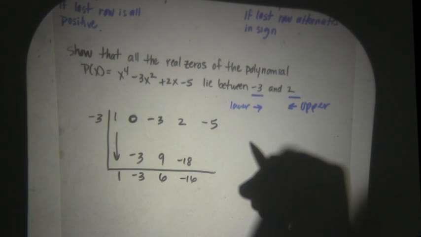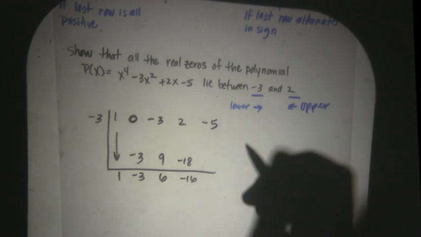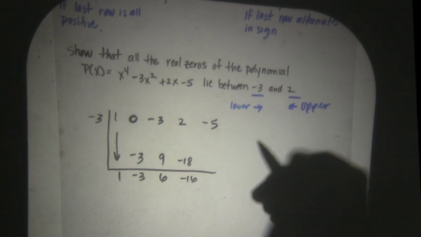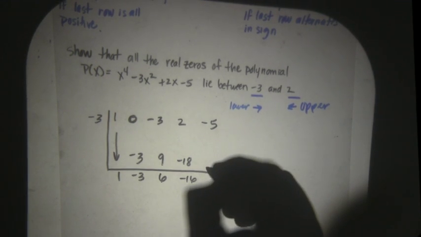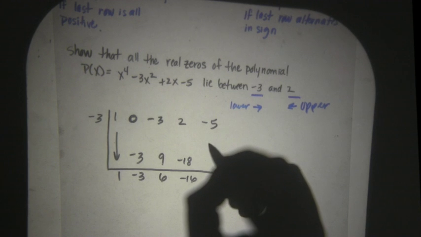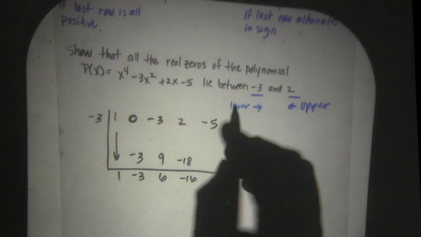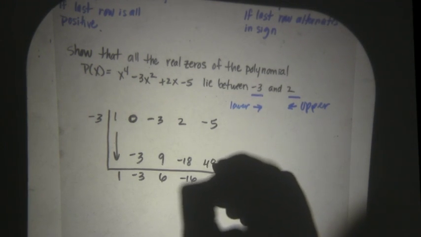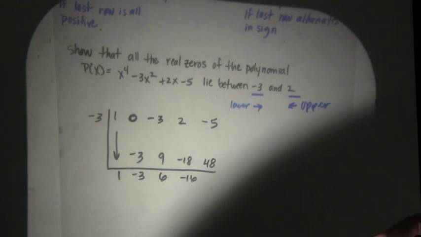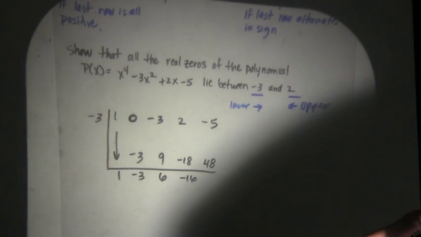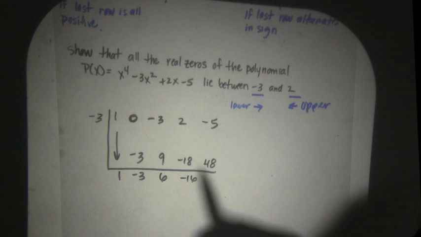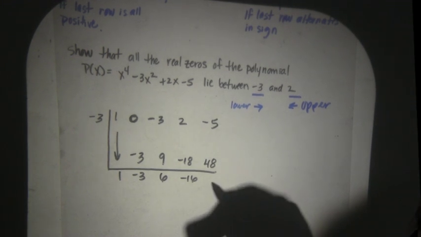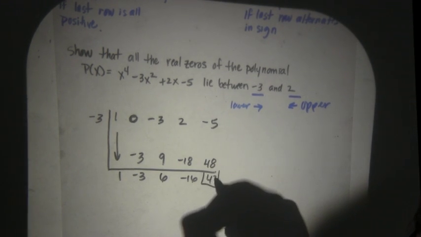What is -16 times -3? Not 43, I'm getting ahead of myself here. We're going to put 48. -16 times -3 is positive 48. And 48 minus 5 is the 43 that I was talking about earlier.